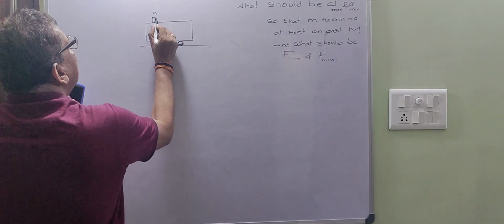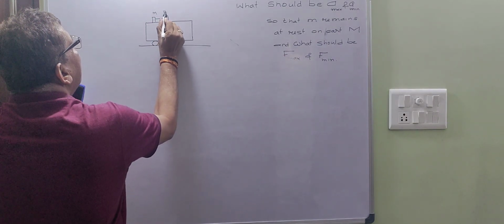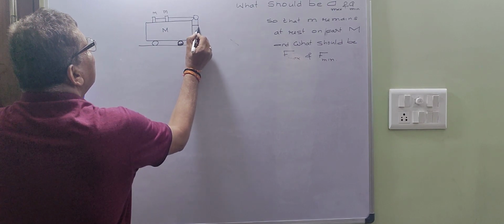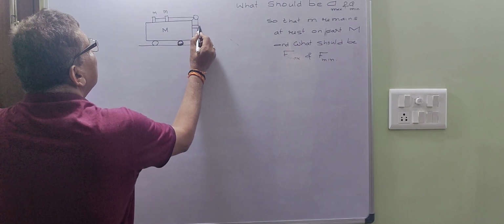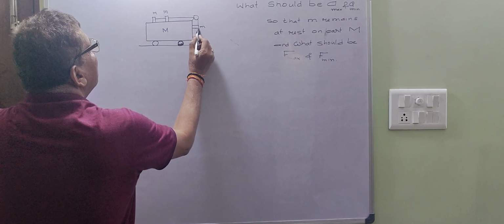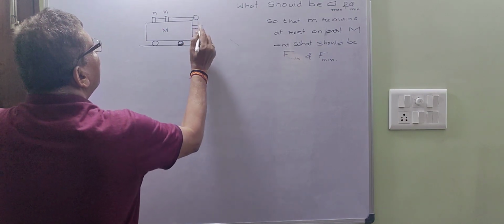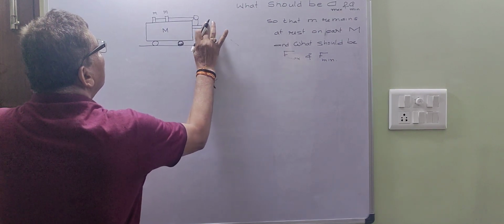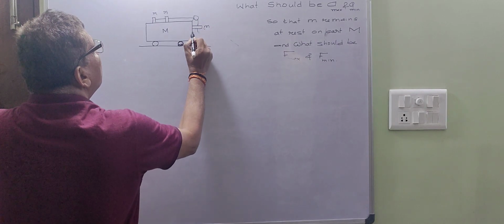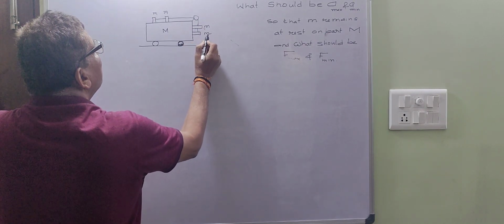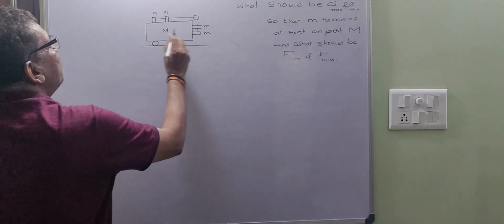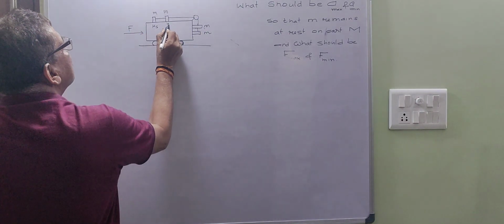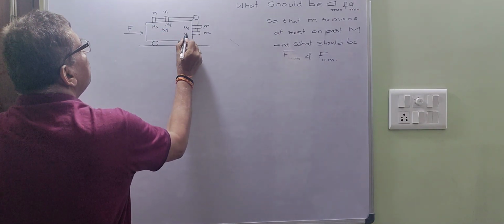This is m, this is smaller m, and one more is placed, m also. And we have to find out the force F that is applied, and the coefficient of static friction is mu s.